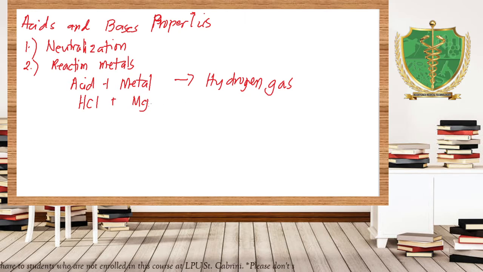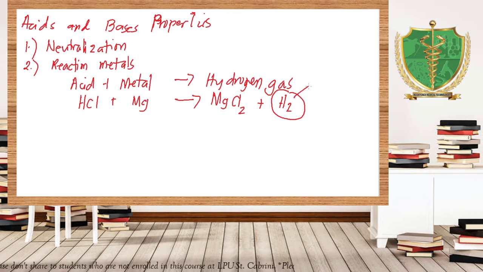When you add magnesium ribbon into hydrochloric acid, it will give us magnesium chloride plus hydrogen gas. This hydrogen, in the form of gas, will produce smoke and bubbles. Bubble formation means that the hydrogen gas was already released in the reaction.